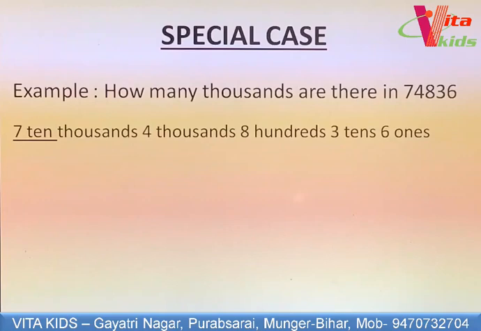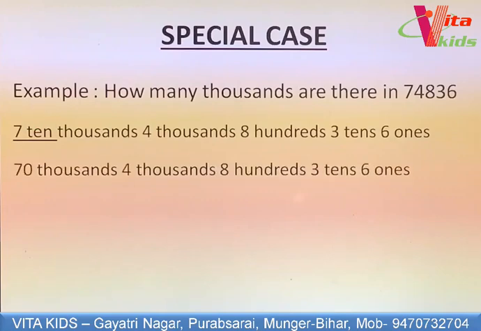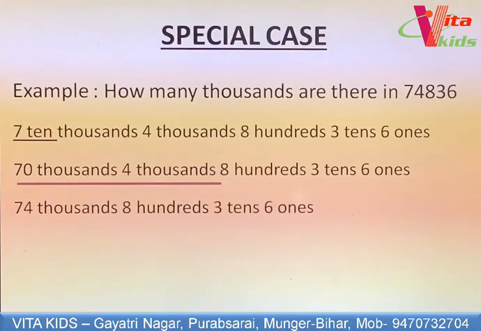Now 7 10,000s can be written as 70 1,000s, 4 1,000s, 8 hundreds, 3 tens and 6 ones. Now 70 and 4 1,000s, we can add them up and write 74 1,000s, 8 hundreds, 3 tens and 6 ones. Now this gives us how many thousands? 74 thousands.